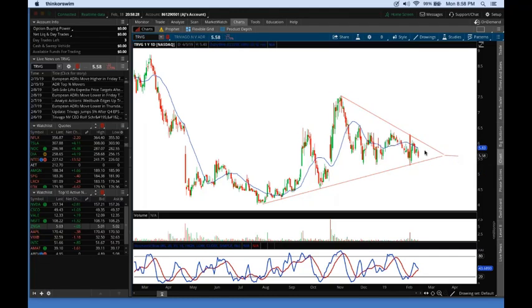If you know how to trade triangles, the rule is if it breaks out of the downward leg, which is the upper triangle line here, it will generally go higher. If it breaks out below the bottom trend line, it will go lower. So with a symmetrical triangle like this, the rule is trade the breakout.